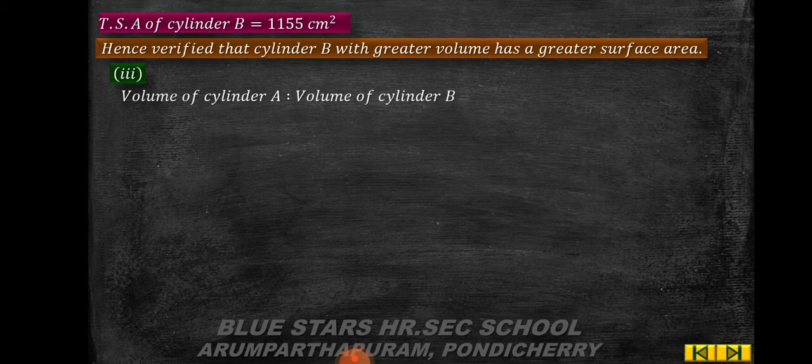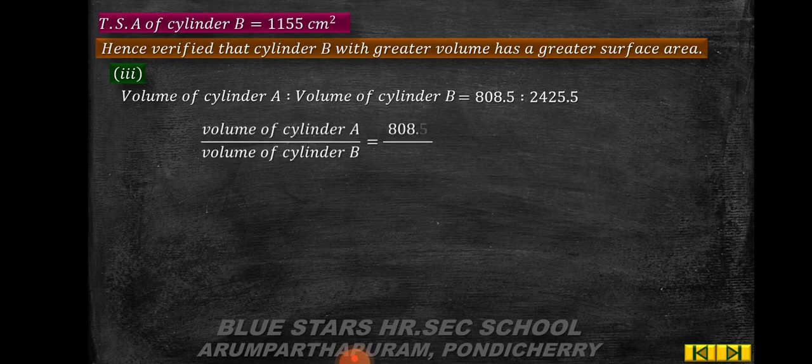Third subdivision. Volume of cylinder A is to volume of cylinder B is equal to 808.5 is to 2425.5. So volume of cylinder A divided by volume of cylinder B is equal to 808.5 divided by 2425.5, which is equal to 8085 divided by 24255.